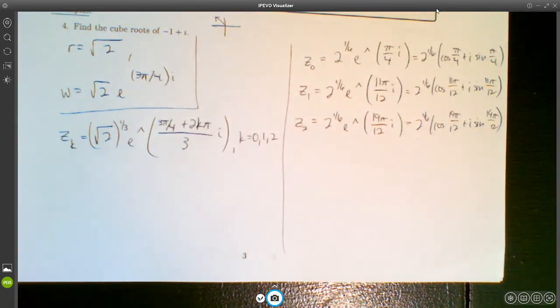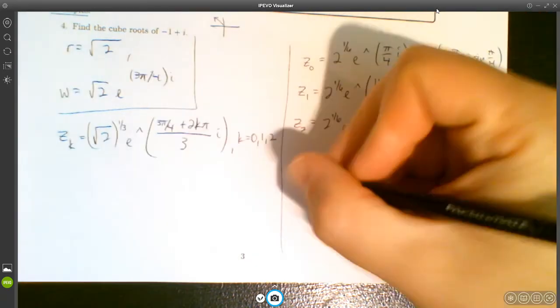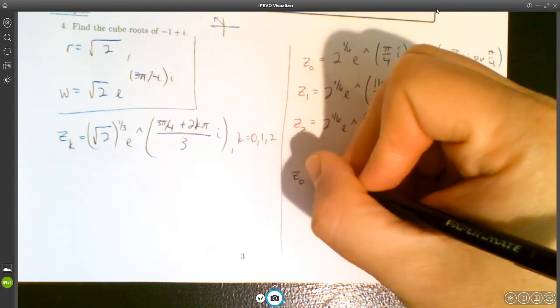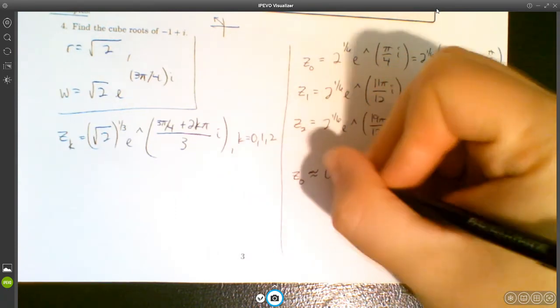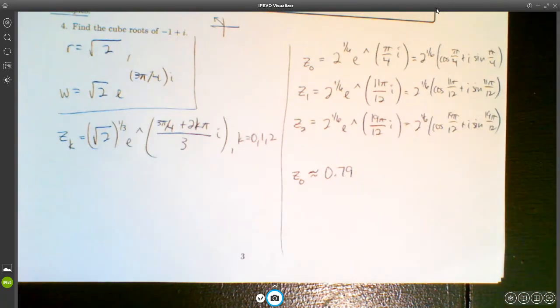And if I punch that into my calculator, let's see. So 2 to the 1/6 times cosine of pi over 4 is approximately 0.79. Okay, so z0 is approximately 0.79, and sine of pi over 4 is going to be the same.